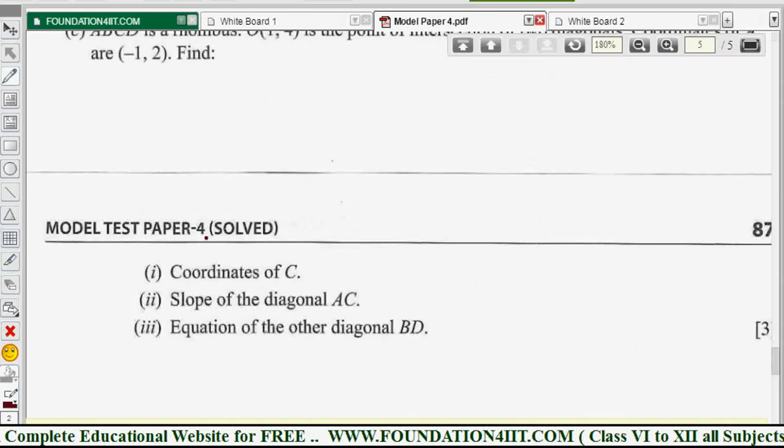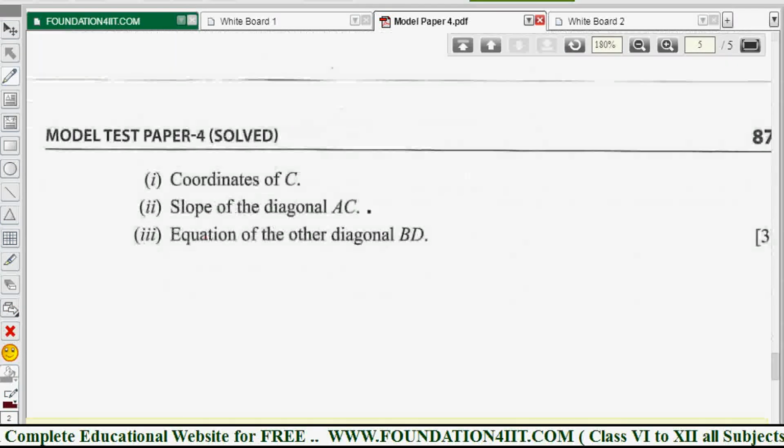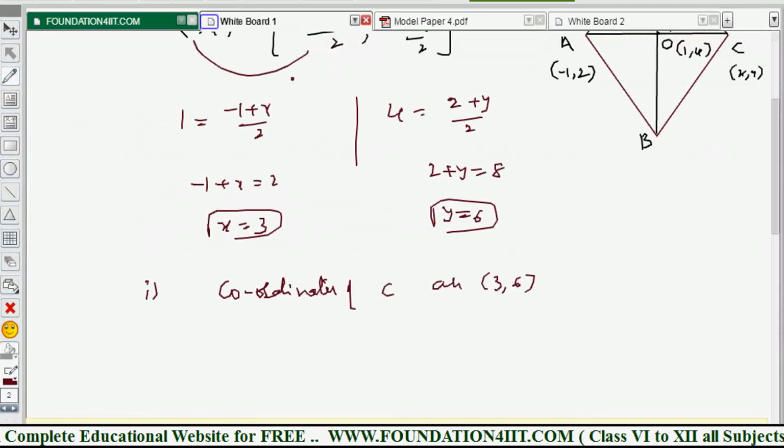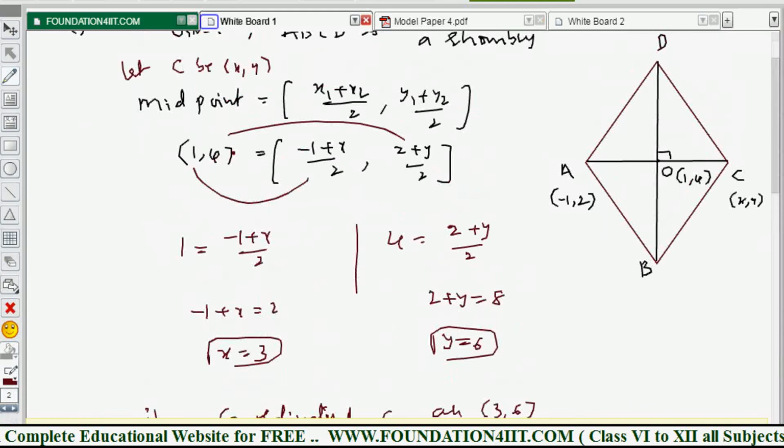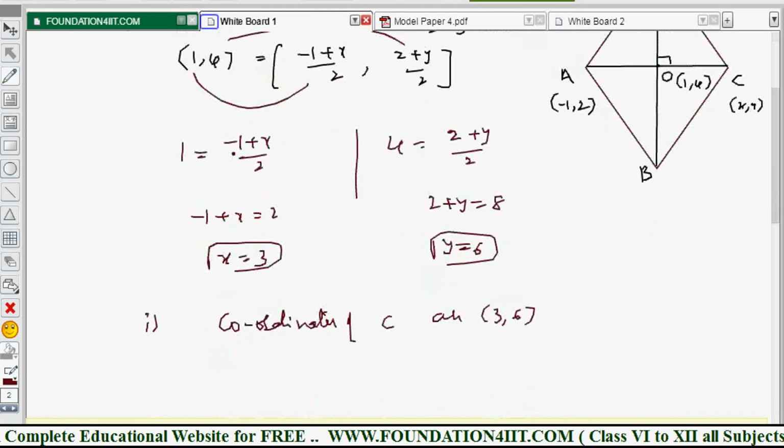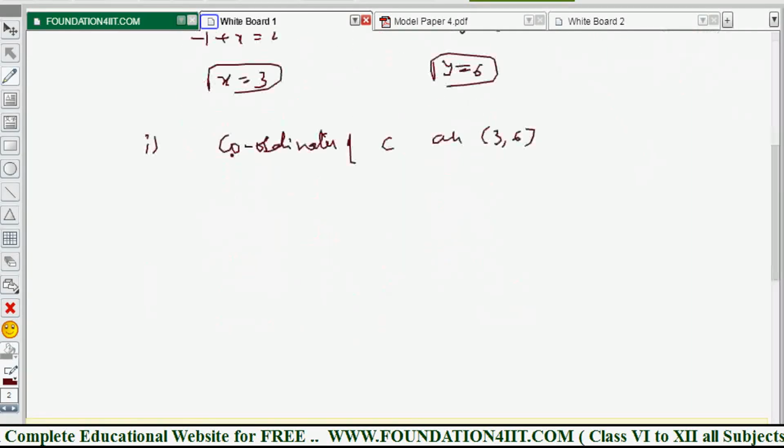Having found the coordinates of C, next is the slope of the diagonal AC. We know A is (-1, 2), C we got (3, 6). We apply the slope formula: slope of AC is (y2 minus y1) by (x2 minus x1).